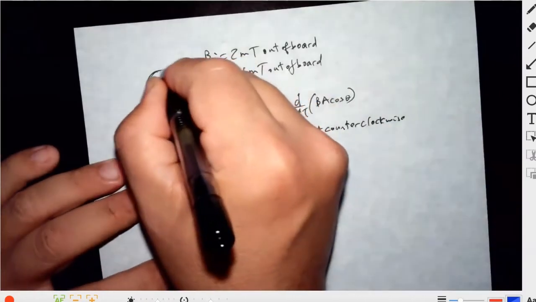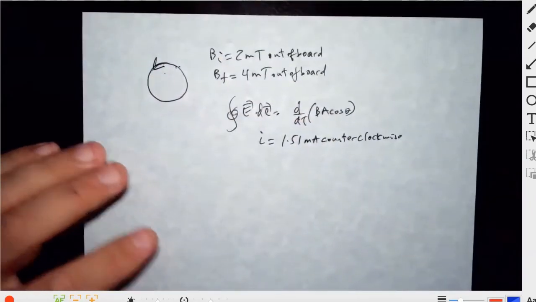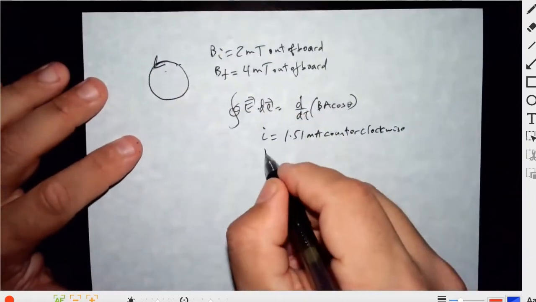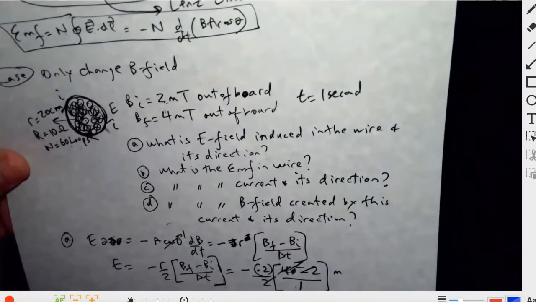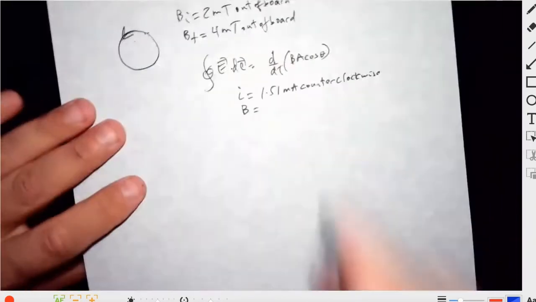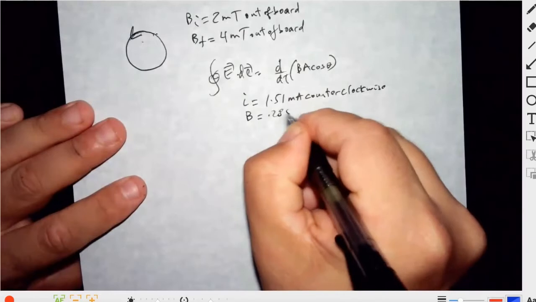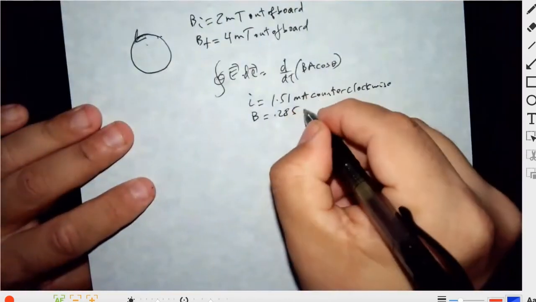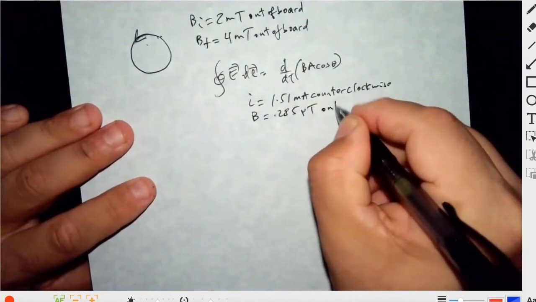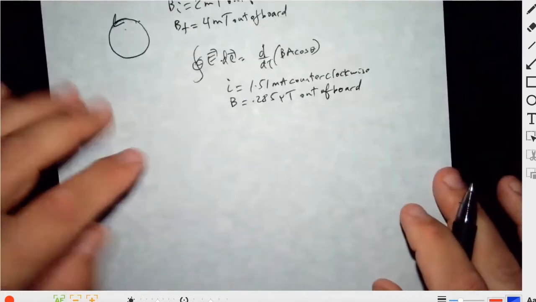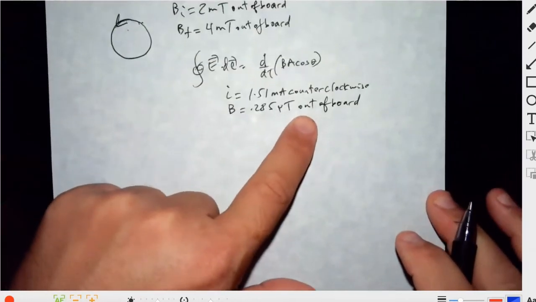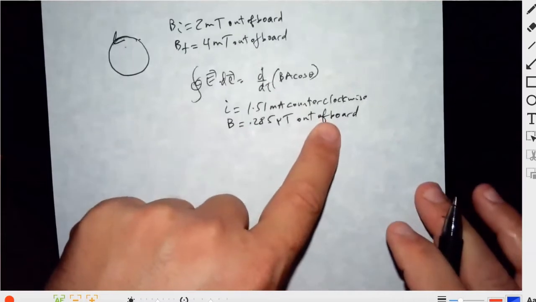So then the current would have been like this, and that current would have created a field of 0.285 microtesla out of the board, versus 0.285 microtesla into the board.